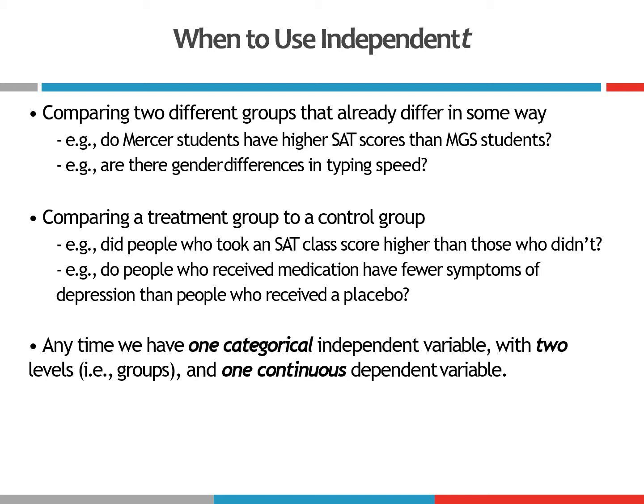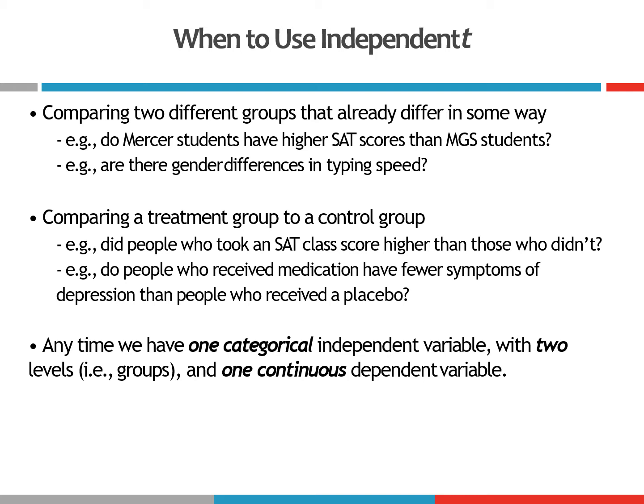And our dependent variable is typing speed, which is again a number, maybe 100 words per minute. That's inherently quantitative. So whenever we conduct a quasi-experimental study with a quasi-independent variable looking at a continuous dependent variable, that would be a situation where we would want to conduct an independent t-test.